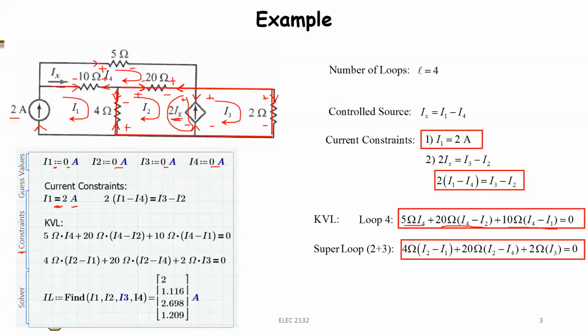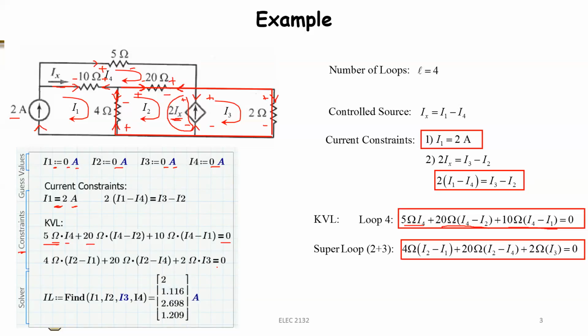I included units in here just because it's nice to be able to do that in a solve block, so I can keep track of all my units for my quantities. You don't have to, but it makes it easier to read. So for my KVL loop, 5 ohms, which is shift W, then control G, gives me my capital omega, times I4 plus 20 ohms, I4 minus I2, and so forth.